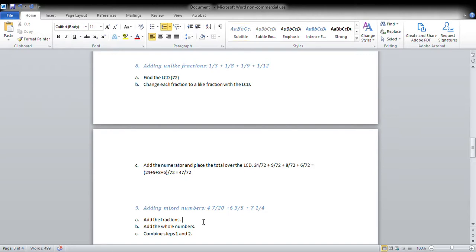So our first step is to add the fractions. So 7 over 20 plus 3 over 5 plus 1/4. Now we know that 4 times 5 is 20, so that's the lowest common denominator.